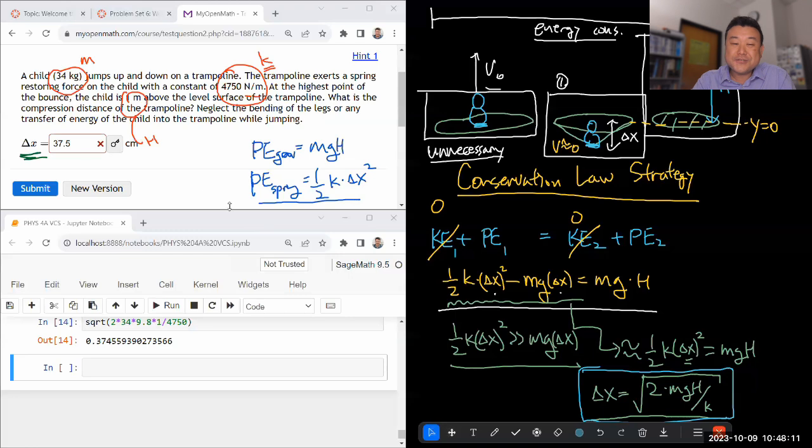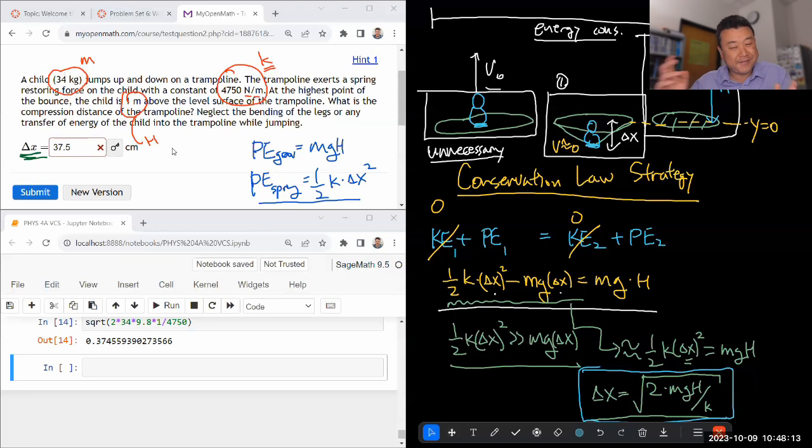So let me just use the computer algebra system to help me avoid having to use the quadratic formula. I know it's just tedious. So I'm going to declare all my variables. Instead of delta x, I'm just going to use x. I have m, g. I already declared the x.